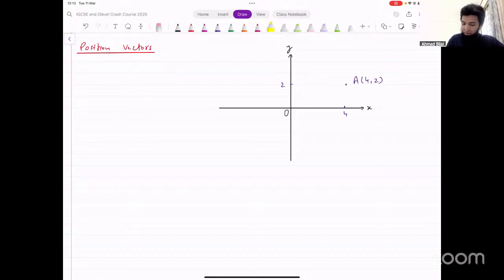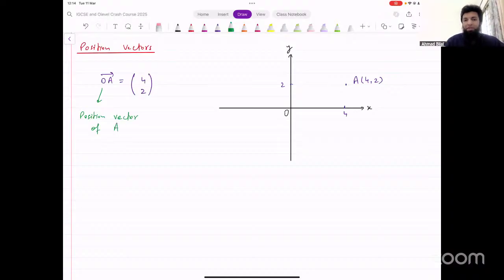I can go 4 units to the right, and then I can go 2 units up. So the vector OA, what would that be? Vector OA. How do I go from O to A? I have to go 4 units right, and then I have to go 2 units up. So that vector becomes 4, 2. This OA is known as the position vector. It's the position vector of the point A.